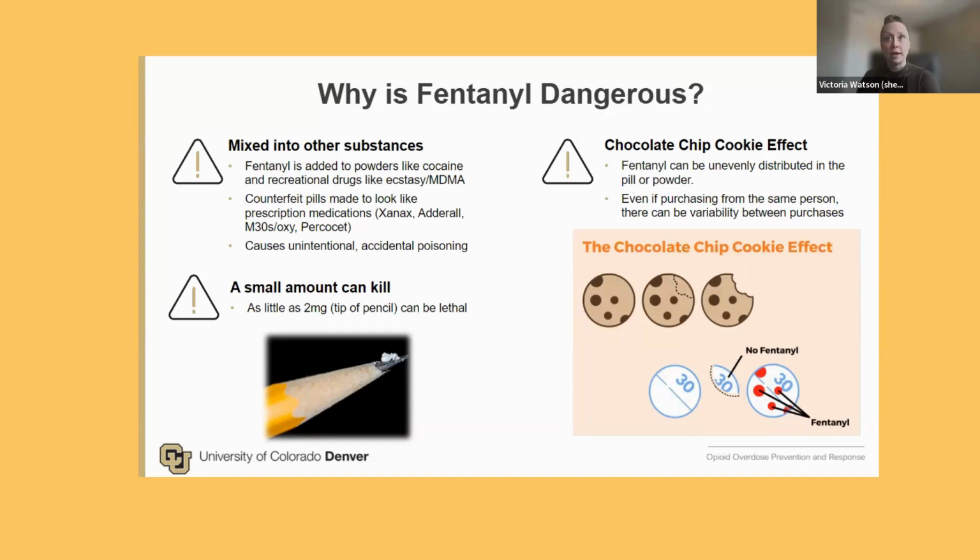With the chocolate chip cookie effect, you all may have heard of fentanyl test strips. They are a big help. They can detect if there's fentanyl in a substance by dissolving it in water, but the challenge is most people would not want to dissolve it. You would have to dissolve it entirely to ensure that there wouldn't be fentanyl. Often it's distributed unevenly, so there could still be a lethal amount.